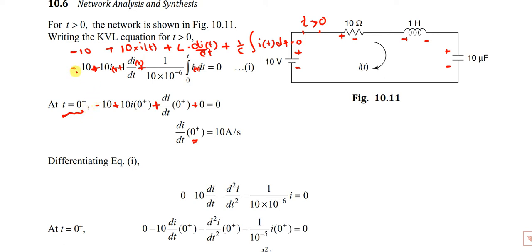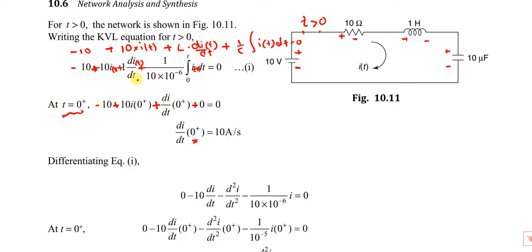Now this minus 10 into I of 0 plus, I of 0 plus you have to find out. Then di by dt at 0 plus and 1 by c integral of I of t dt, which is the voltage across the capacitor. At t is equal to 0 plus, this minus 10 remains as it is, 10 into I of 0 plus.